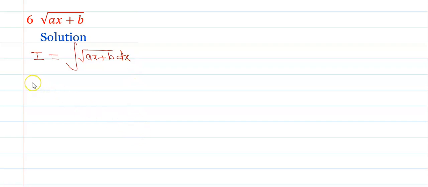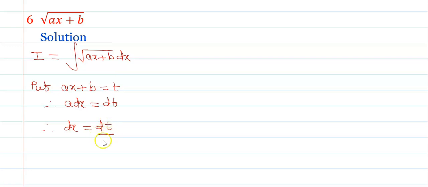Therefore, the substitution: put ax plus b equal to t, and therefore the derivative of constant b is 0. a into dx is equal to dt, and therefore dx is equal to dt upon a. This is important.